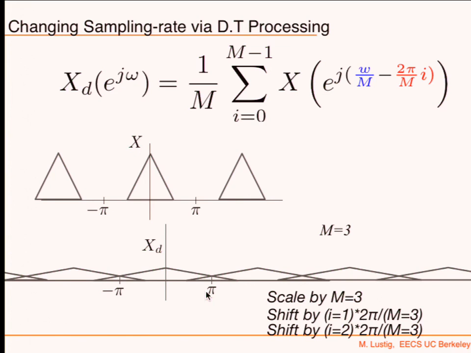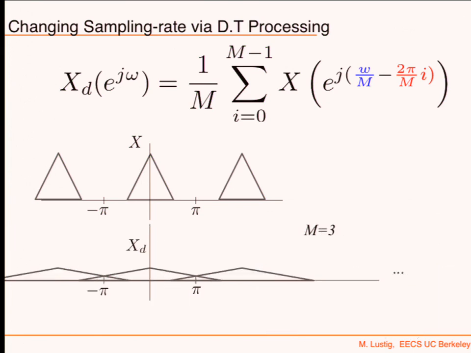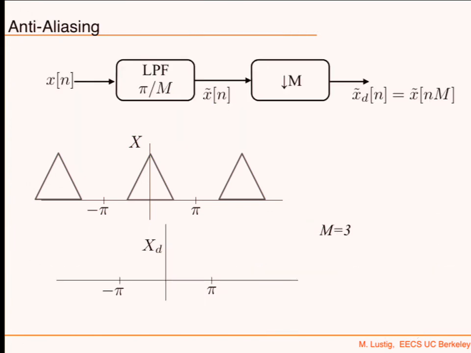It has 3 replicas. Now I've got aliasing going on. And it makes perfect sense, because if I sampled at a lower rate than the original, lower than the Nyquist rate, I would have gotten aliasing. So the question is, if I want to avoid aliasing, what do I do?